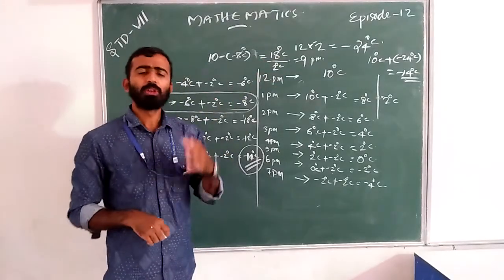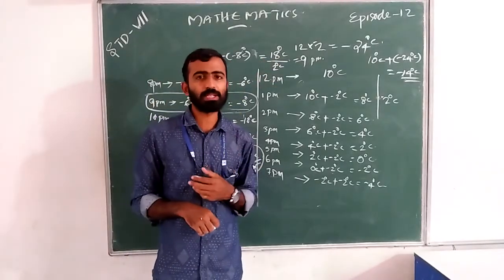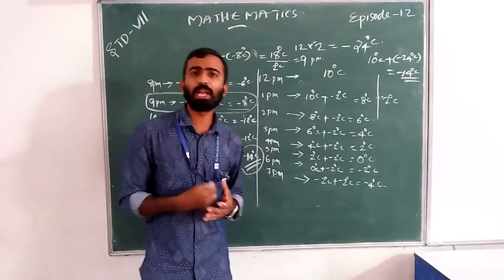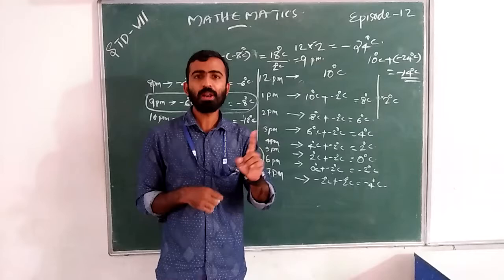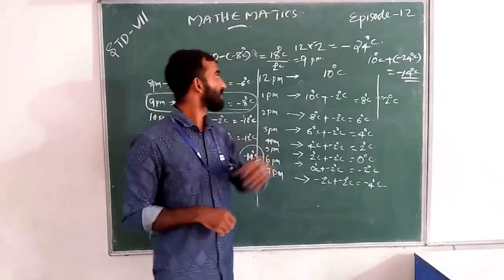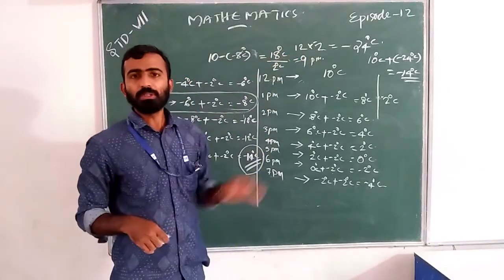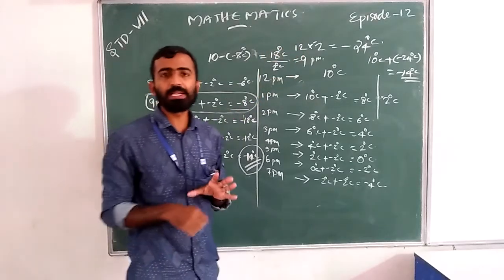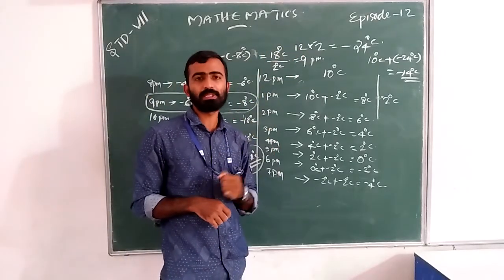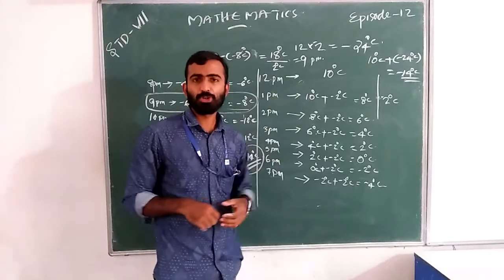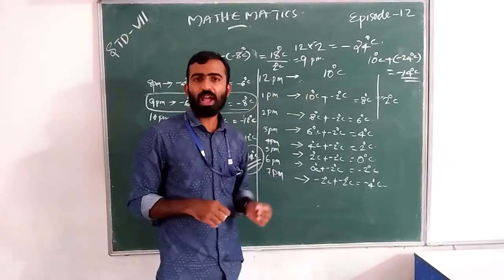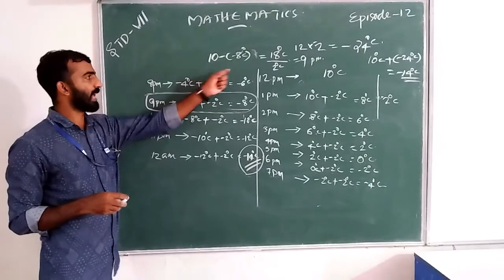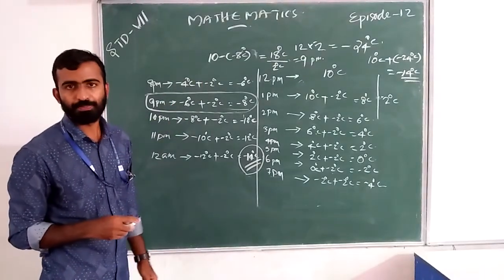Per hour, 2 degrees is decreasing, so 18 degrees divided by 2 degrees gives 9 hours. That is the answer we already got. This is another way or method.